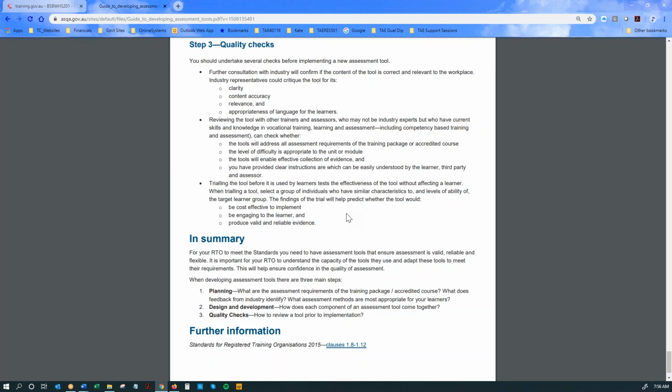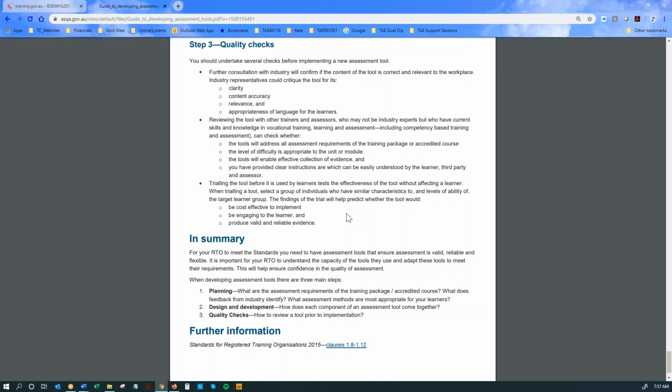Certainly getting feedback from your learners is quite critical there, because they're the ones who are reading the questions, and if they don't understand what you're asking for in a question, then the question maybe needs to be rewritten. So this quality check step is conducted using a validation form, and certainly that would form part of your procedures around quality checks within the RTO. A validation can be done before you release, and then also after you've released.